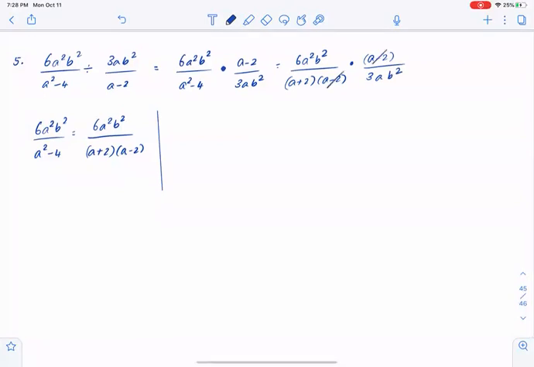A minus 2 gets cancelled. B squared gets cancelled. The a and one of the a's in a squared will get cancelled. The 3 and the 6 would get cancelled. So we have 2a divided by a plus 2.